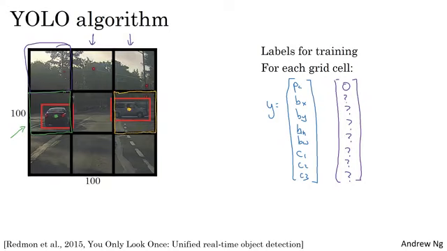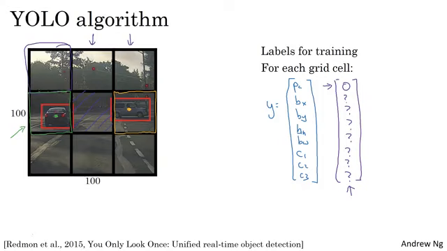And so even though the central grid cell has some parts of both cars, we'll pretend the central grid cell has no interesting object. So for the central grid cell, the class label Y also looks like this vector with no object, with PC as the first component, and then the rest are don't cares.